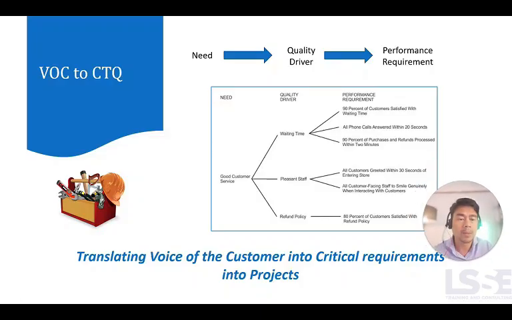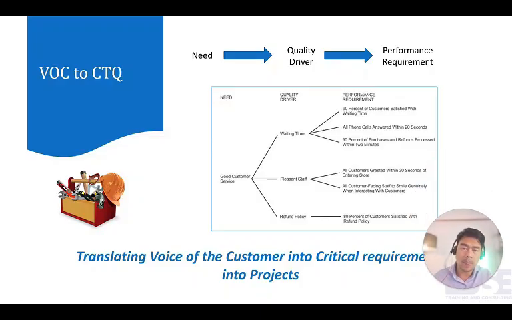So a good customer service could be, one, waiting time. That's a quality driver. That's a key driver that would determine whether a customer will be satisfied, how pleasant your staff is, and it could be a refund policy. In terms of the waiting time, a performance requirement could be, maybe a measure would be 90% of your customers are satisfied with the waiting time.